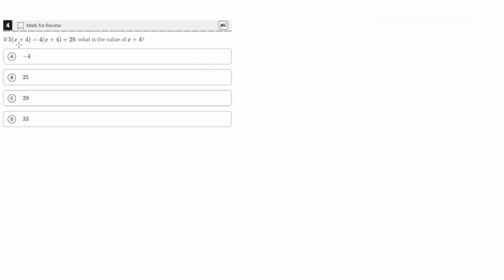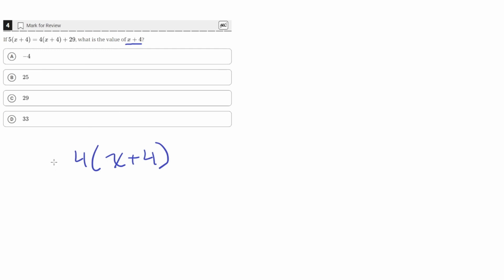If 5 times the quantity x plus 4 equals 4 times the quantity x plus 4, plus 29, what is the value of x plus 4? Okay, so we only need the value of x plus 4, so we can subtract the quantity 4 times x plus 4 from both sides in order to cancel out this term.